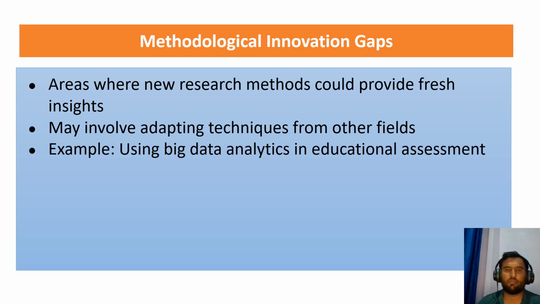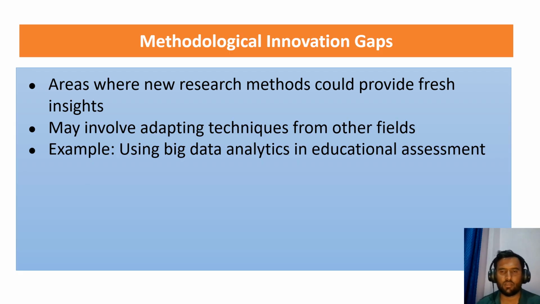And next one is methodological gap. This is a very important type of research gap. Methodological gap means what kind of methods is used in different contexts. Like using big data analytics in educational assessment.